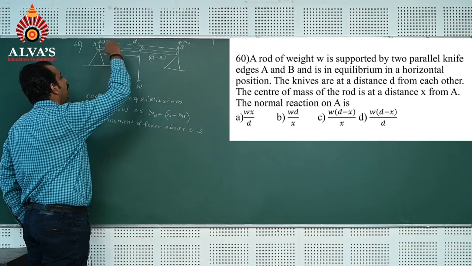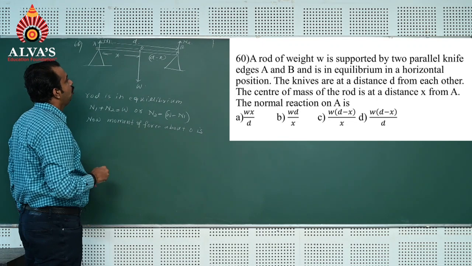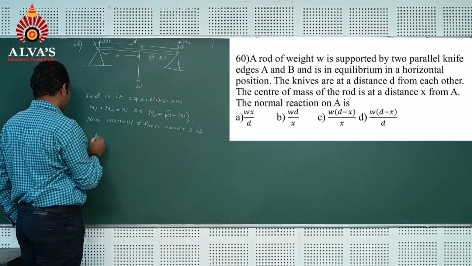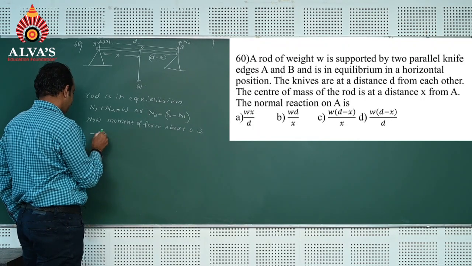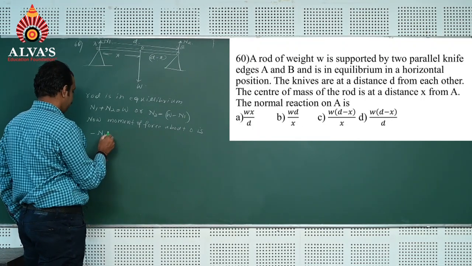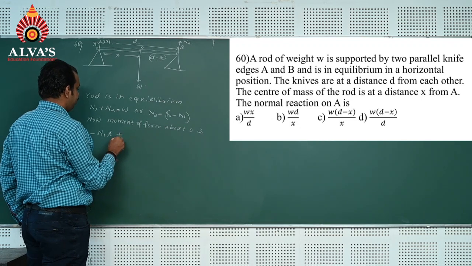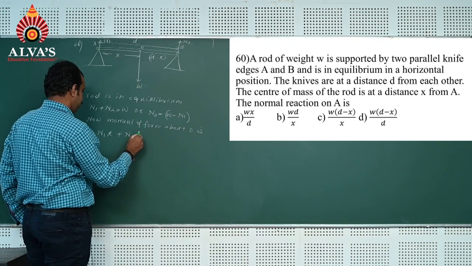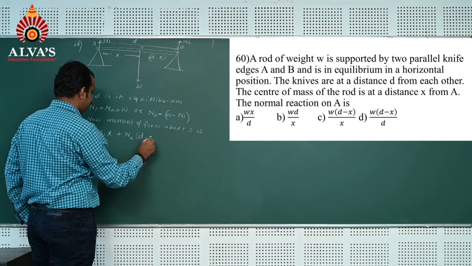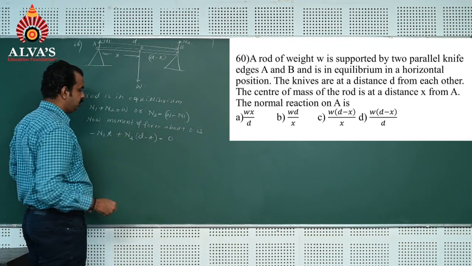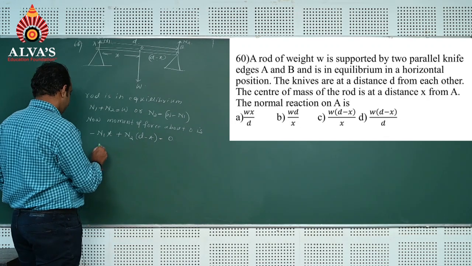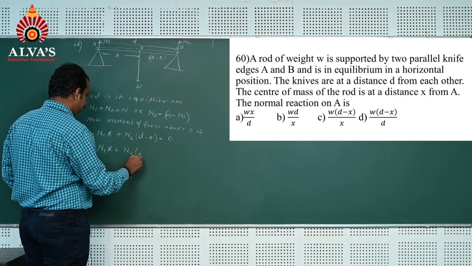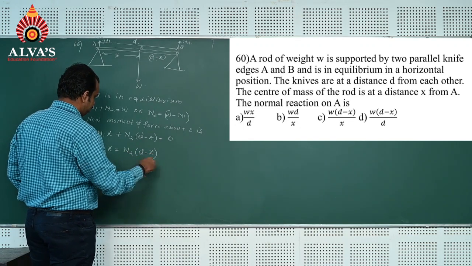So minus N1 into x plus N2 into d minus x is equal to 0. That is N1x is equal to N2 into d minus x.